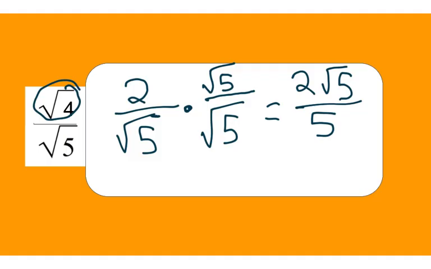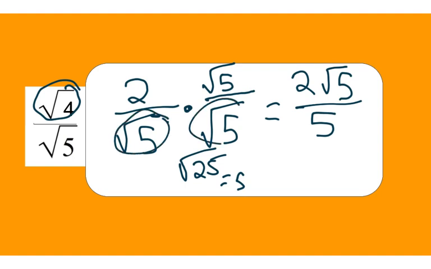Because, and I'll show you why, radical 5 times radical 5 is actually radical 25, and radical 25 equals 5. So save yourself some time, and if you see 2 radicals that are the same number, like radical 5 times radical 5, it's just going to equal 5. And there's nothing more you could do, so we are finished and simplified.